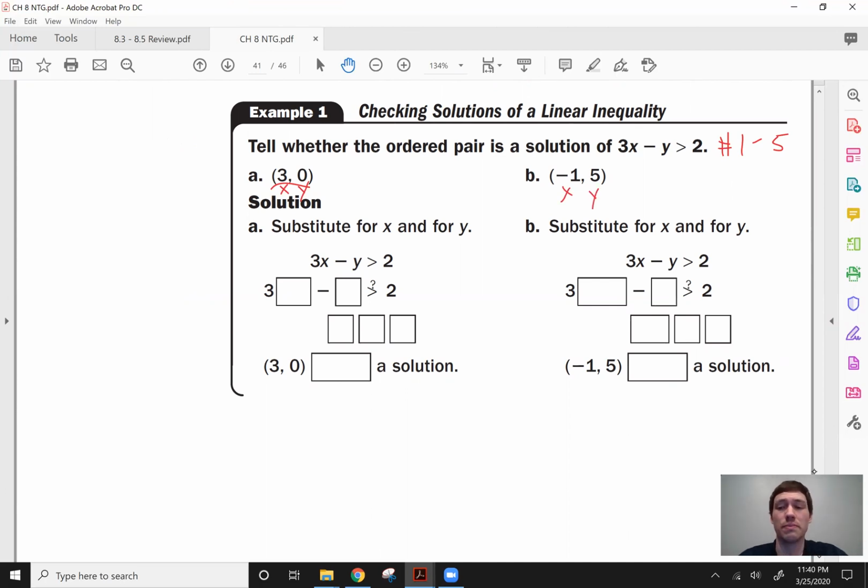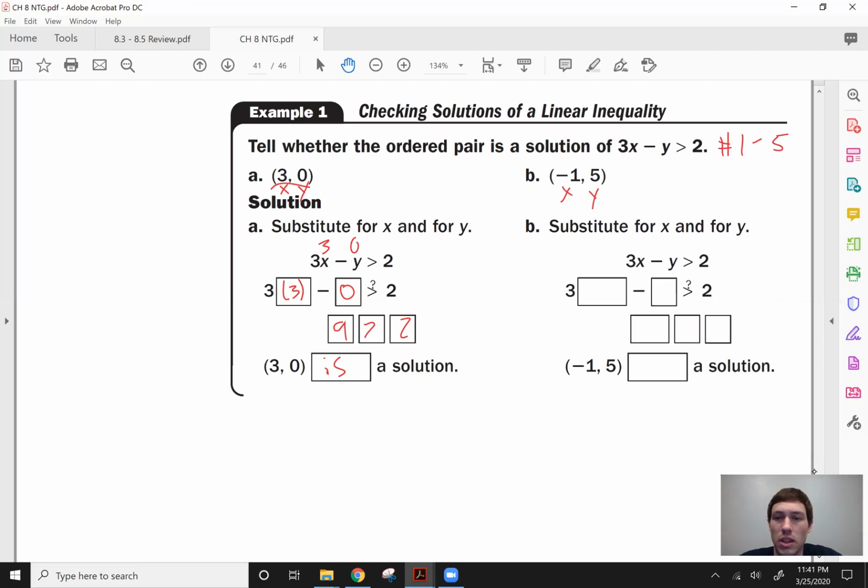So in this case, we're going to plug in 3 for x, and 0 for y. So it's 3 times 3 minus 0. Is that actually greater than 2? Well, 3 times 3 is 9, minus 0 is still 9. Is that in fact greater than 2? Yes. So (3, 0) is a solution.